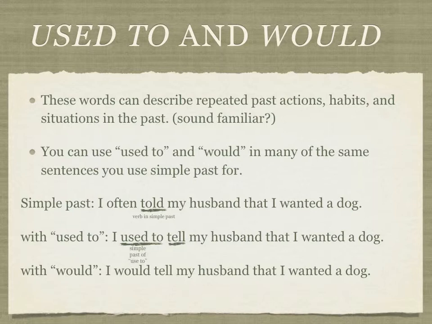So used to is the simple past form, and tell is the base form of the verb. With would, the sentence is, I would tell my husband that I wanted a dog. I would tell. Would is the simple past form of will. Tell is the verb in the base form.